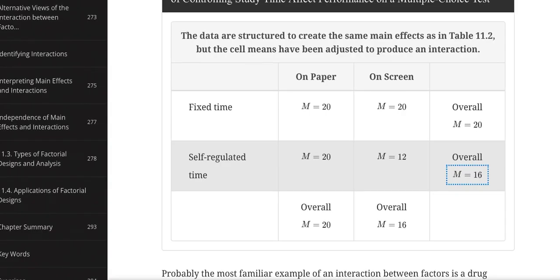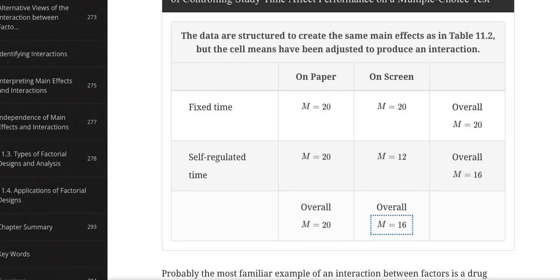So if we go back to our example here, the difference between studying on paper and studying on a screen in exam scores depends on how the study time is controlled, right?